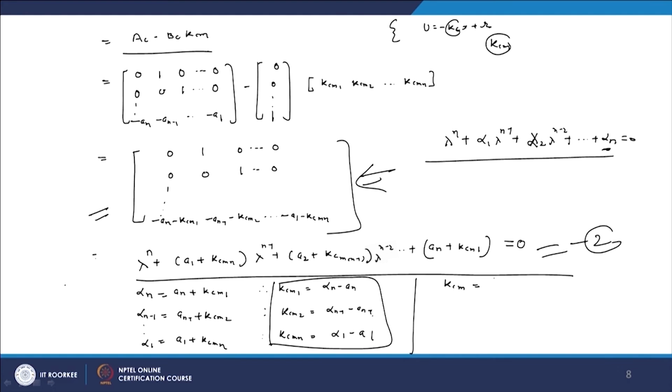The final controller is Kc equals KCM into T, but our controller is not KCM, our controller is Kc. Why not KCM?